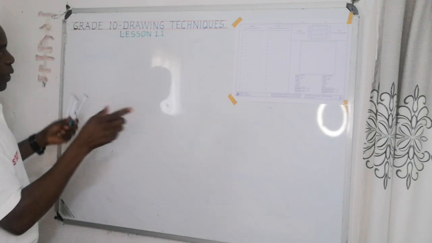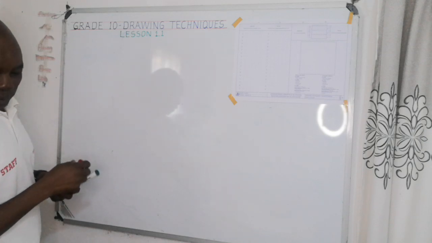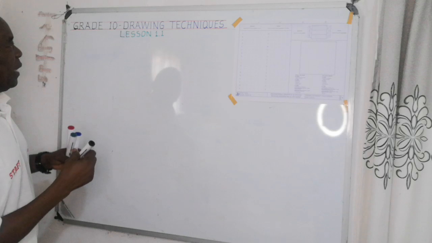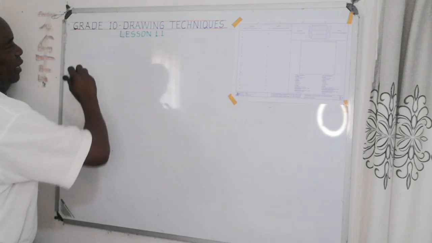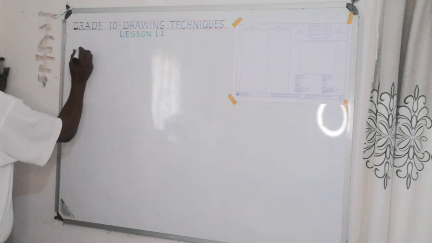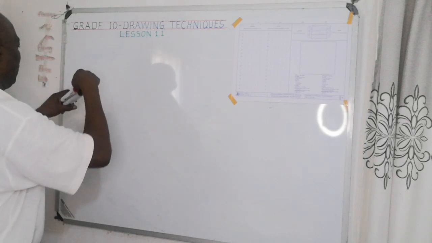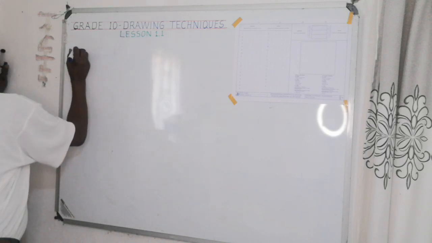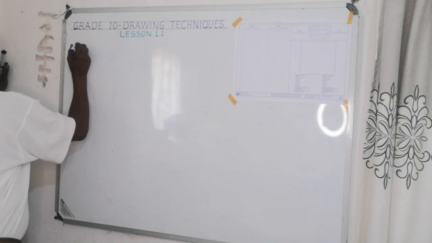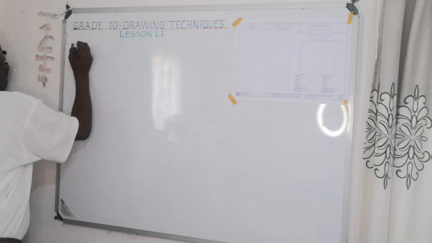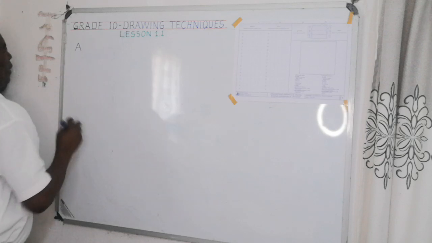I'll just be printing, showing you how to shape your letters. So I'll be using black here. So we've got the letters of the alphabet, which is A. Let me use blue here, which is A. So that is given as an example in a box.